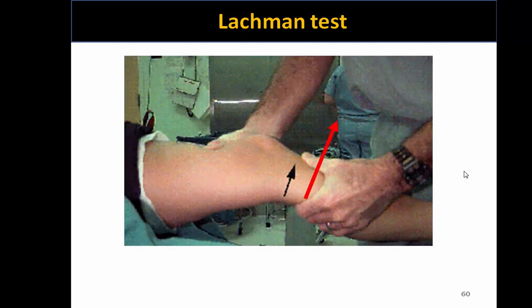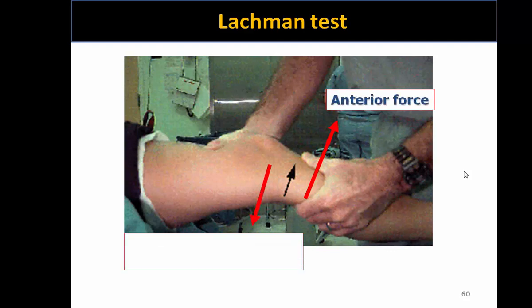In this example, we see a clinician attempting to draw the tibia in an anterior direction. So we have the anterior force being applied, and the reactionary force, once again, will come from the ACL, but will particularly stress the posterior lateral bundle as opposed to the anterior medial bundle that the anterior drawer test places under stress.